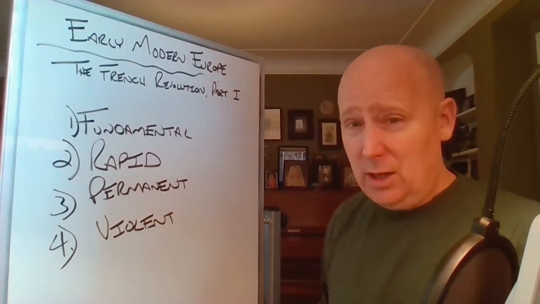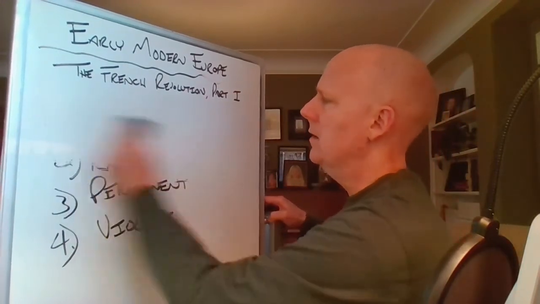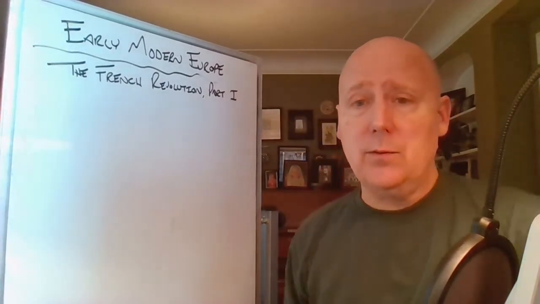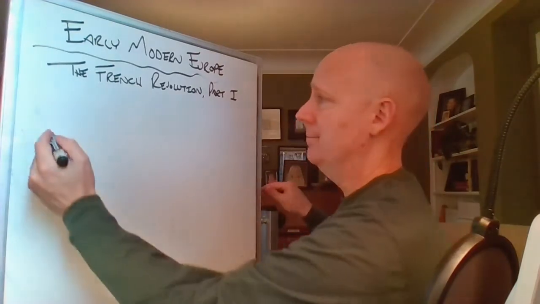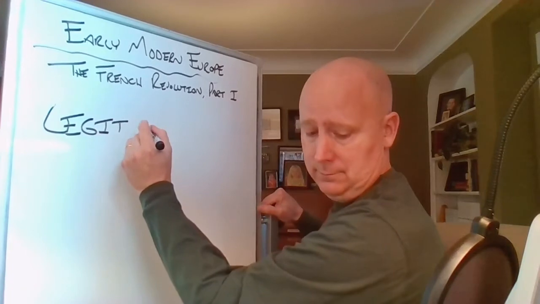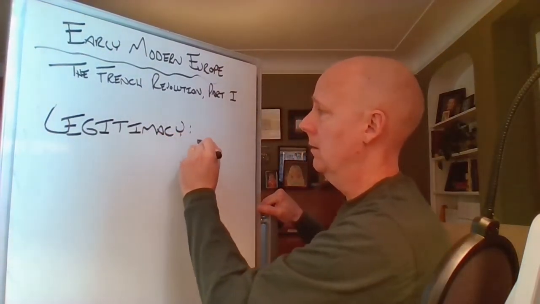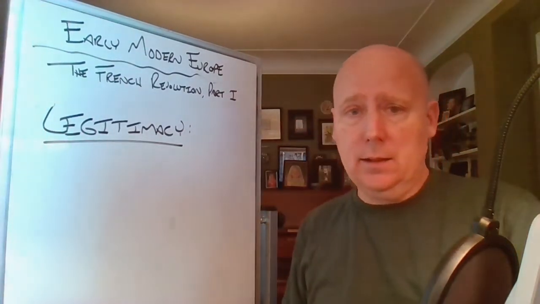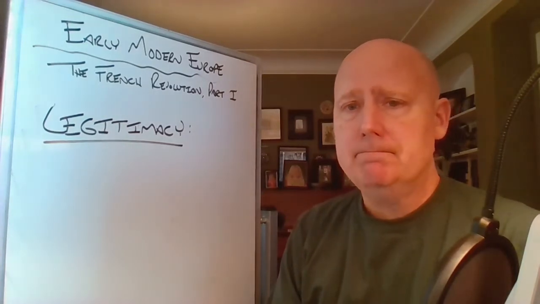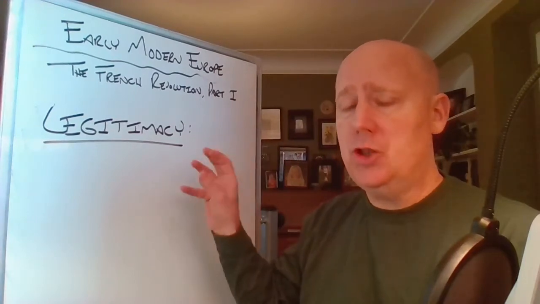Now, the other part of Berman's argument, and I love the way he sets this up, is that the other thing that a revolution needs is legitimacy. And he lists 3 basic ideas about what makes a new regime legitimate.